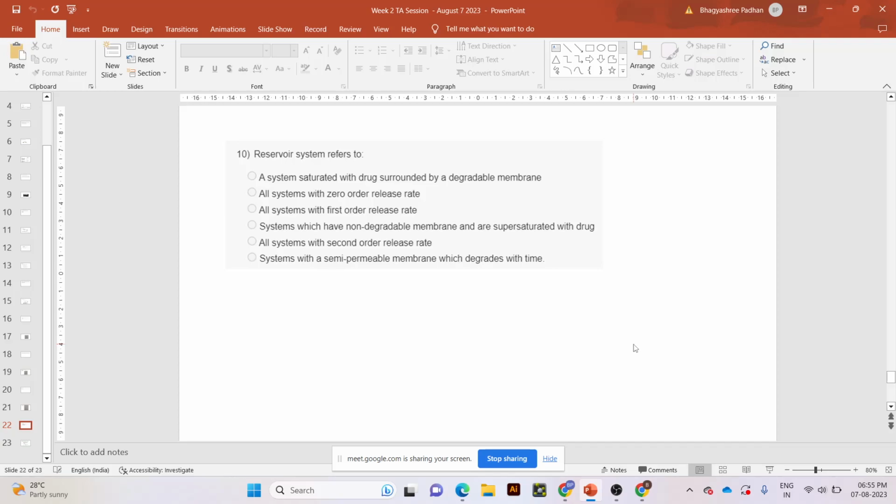Option number 4, systems which have non-degradable membrane and are supersaturated with drug. Okay. Anyone else would like to answer?